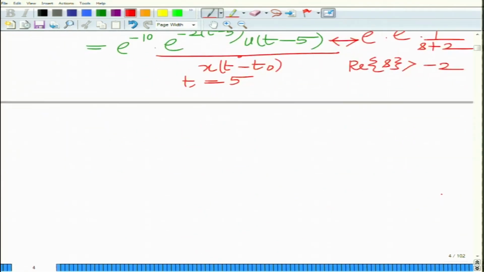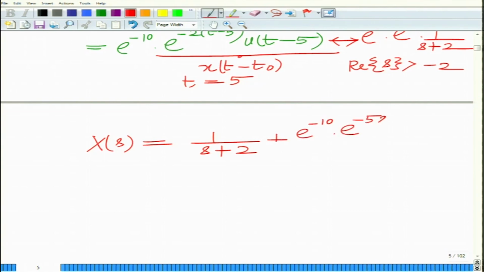Therefore, the final Laplace transform, that is X(s), will be the sum of the two Laplace transforms: 1 over s plus 2 minus e raised to minus 10 e raised to minus 5s divided by s plus 2.